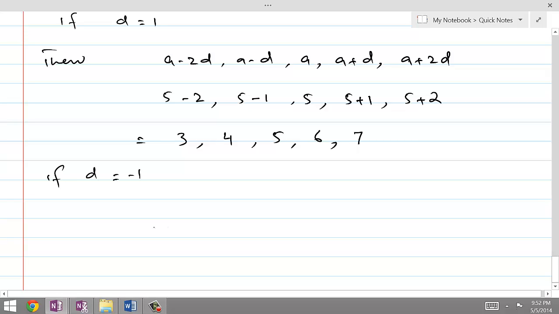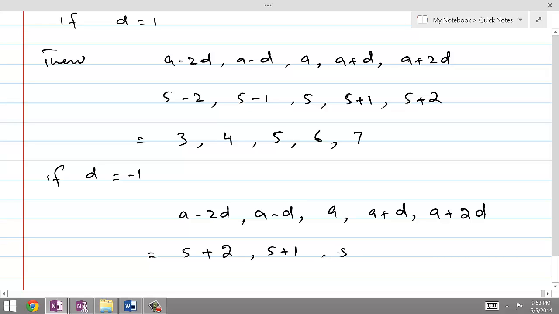If d was equal to minus 1, then these numbers a minus 2d, a minus d, a, a plus d, and a plus 2d would be like this: 5 plus 2, 5 plus 1, 5, 5 minus 1, and 5 minus 2.